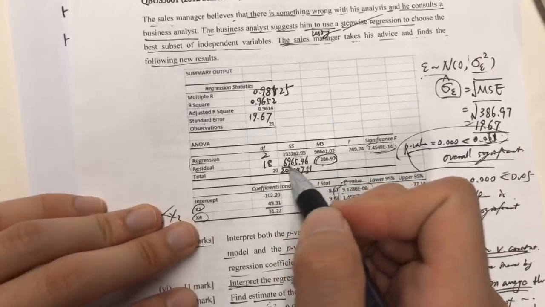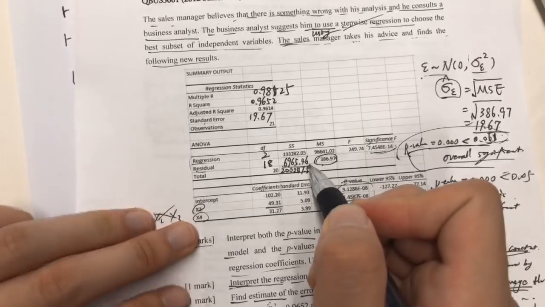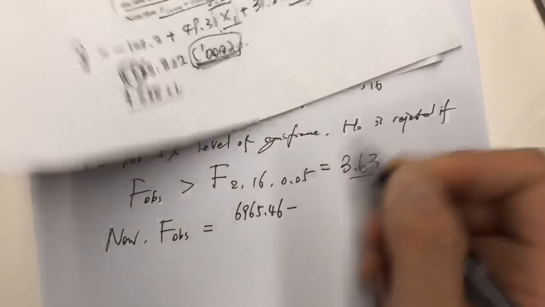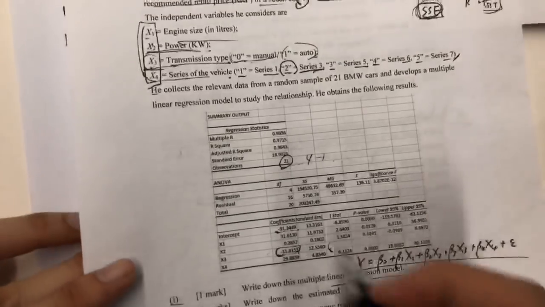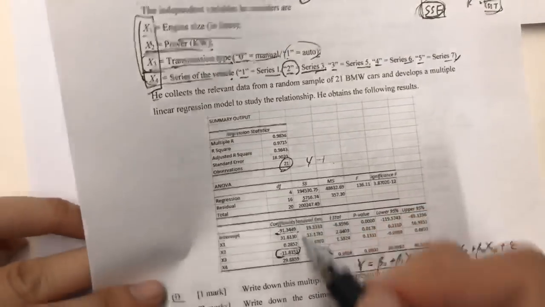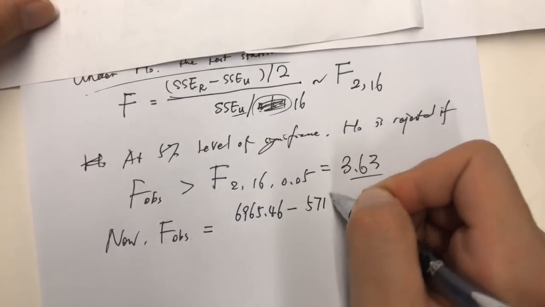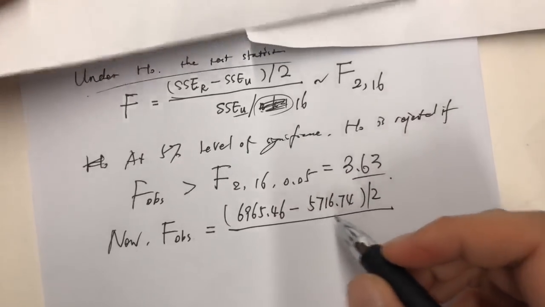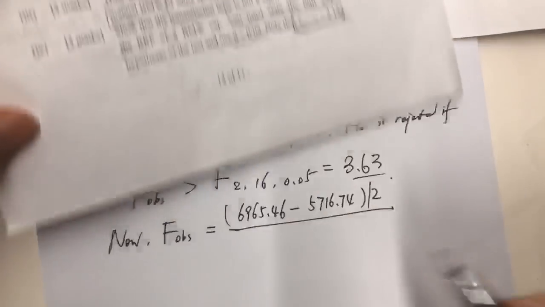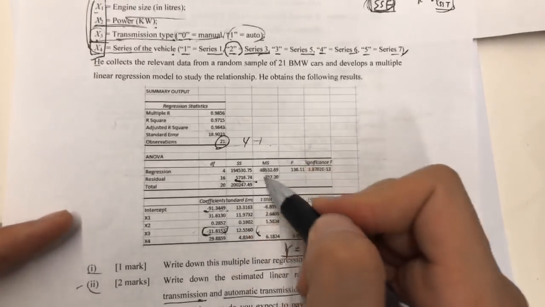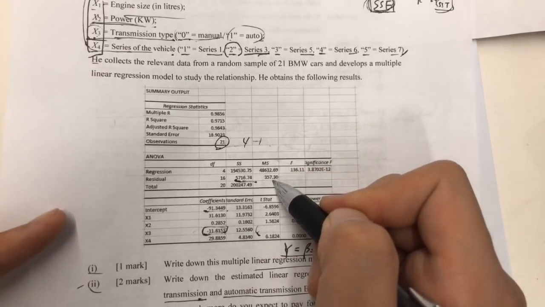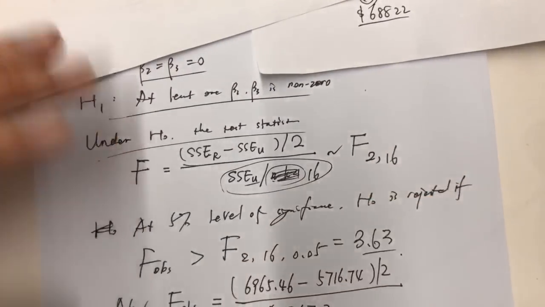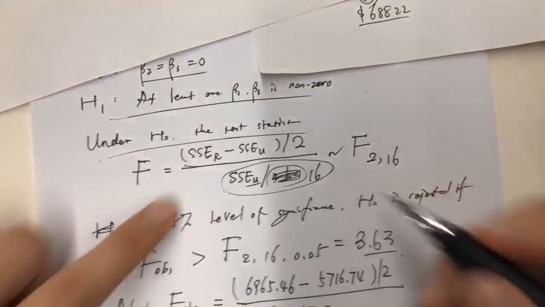For the restricted model, the SSE is 6965.46, minus the full model, which is 5716.74, divided by 2, and then divided by the SSE of the full model over its degrees of freedom. Actually the denominator is just the MSE, which is 357.3, because this is the MSE of the unrestricted model.